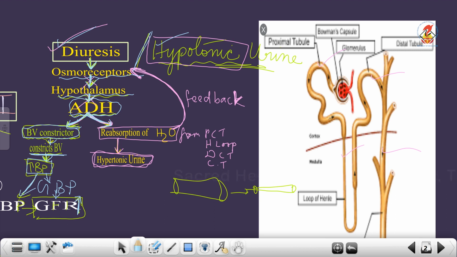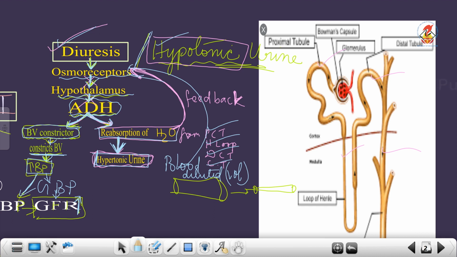Now, I told you the ADH helps in the reabsorption of water from different parts of the nephron, from the PCT, Henle's loop, DCT and collecting duct, and thereby a lot of water is reabsorbed from the glomerular filtrate, and therefore the urine that comes out is hypertonic urine. At the same time, blood is highly diluted with water, in the sense that the volume has increased. That itself switches off the osmoreceptors.